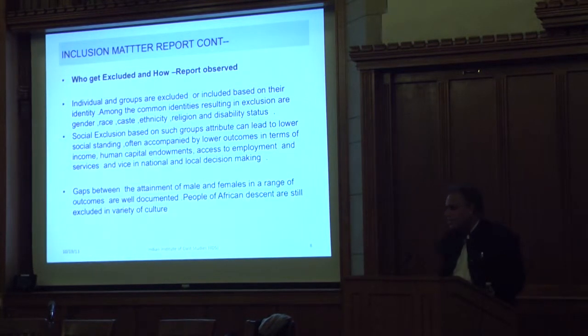Now, why I have given this in a little detailed way: this report, which was released on the 9th of this month, shows that the World Bank seems to have come a long way from its earlier position.